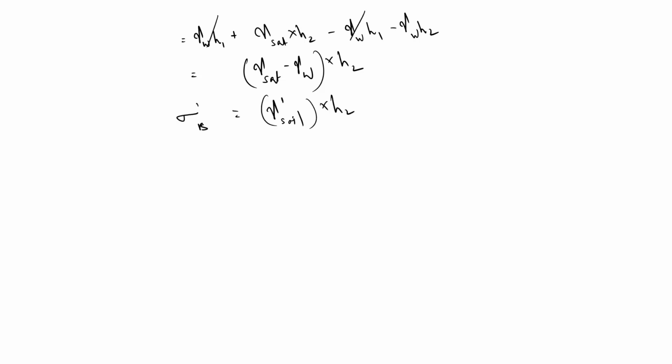This is the expression. So gamma W H1 will be cancelled, then gamma sat H2 minus gamma W H2. Take H2 as common, then gamma sat minus gamma W, we know, is gamma submerged of the soil, into H2. This is sigma dash at B.